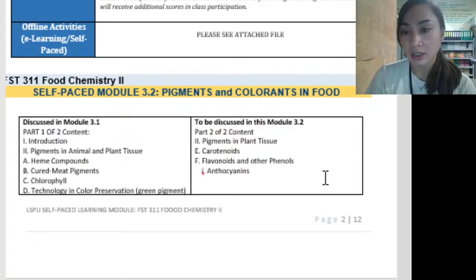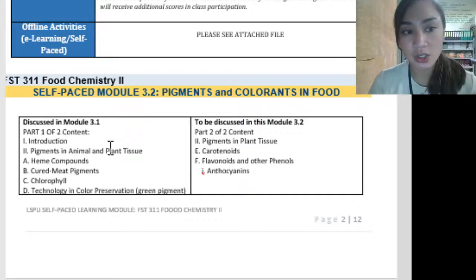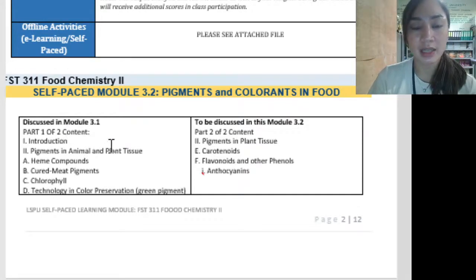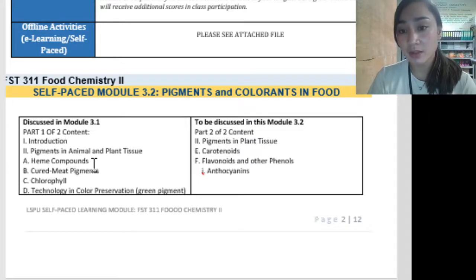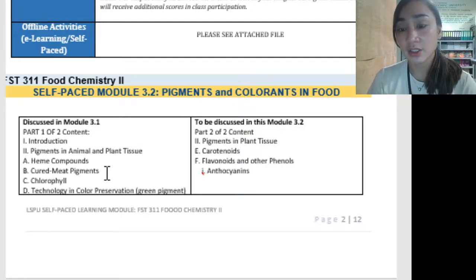As discussed in module 3.1, we already have part 1 of 2 content, which is the introduction. We have the pigments in animal and plant tissues, which are the heme compounds for animals. We have cured meat pigments, where there are nitrogen and nitrates.